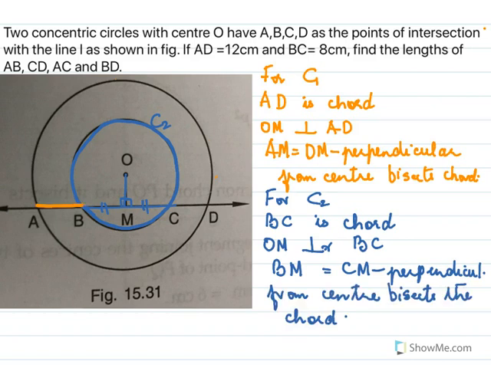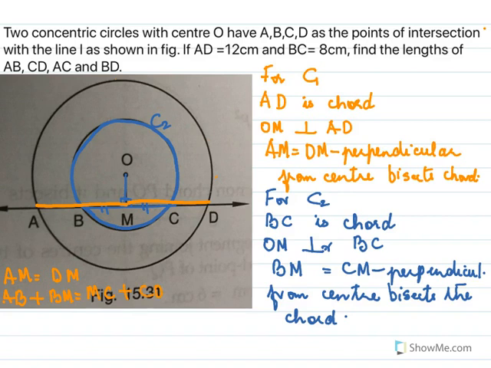Now earlier we have shown that AM equal to DM. So let's write that again. AM equal to DM. Now AM can be broken into two parts. If you look up in the figure, it's AB plus BM, and DM can be written as MC plus CD.